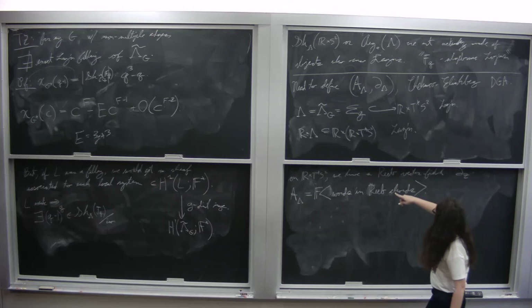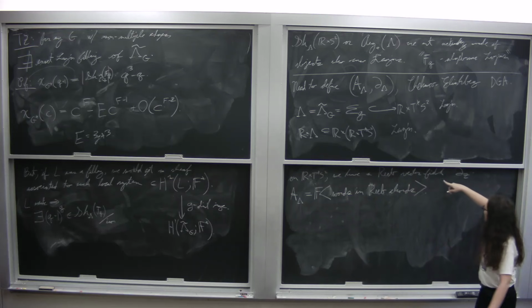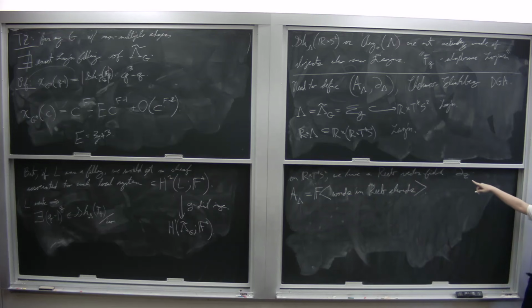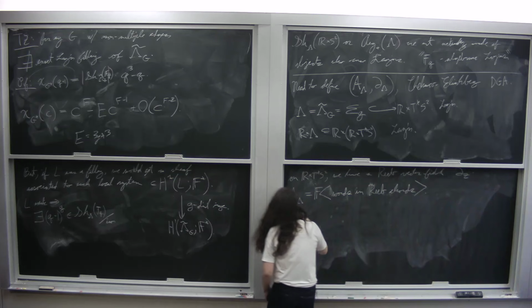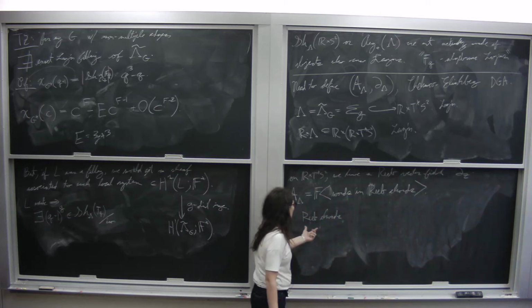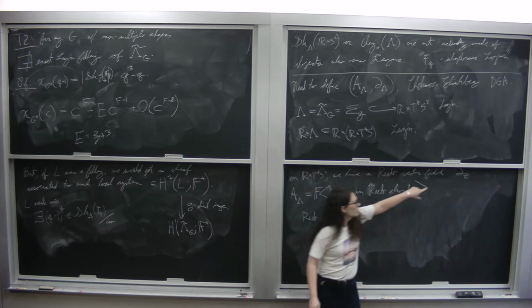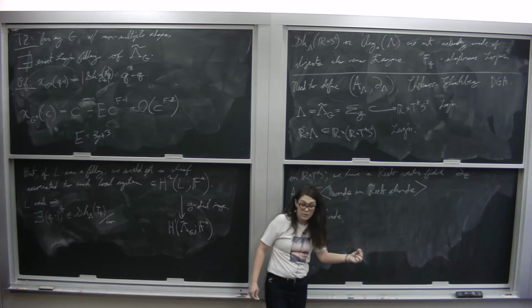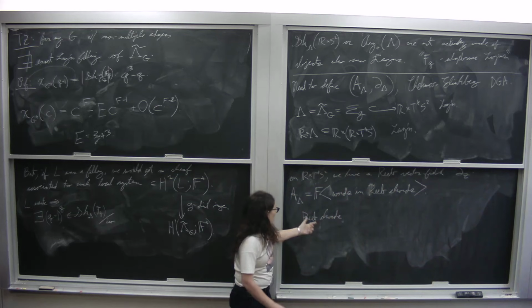First of all, since the Reeb vector field is just del Z, that means that Reeb chords, by Reeb chords I just mean a trajectory of this vector field which starts on lambda and ends on lambda.